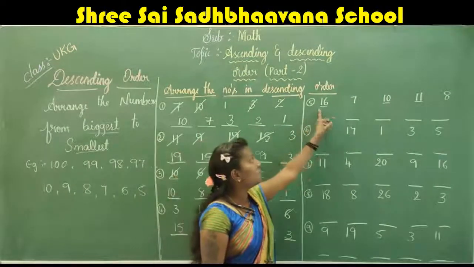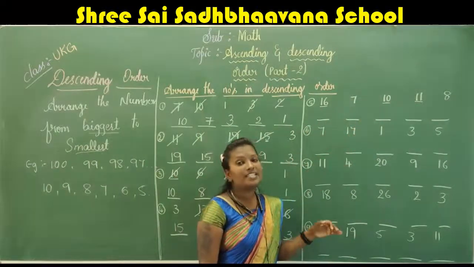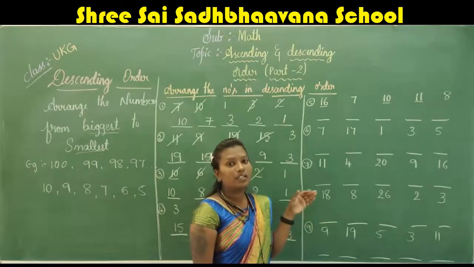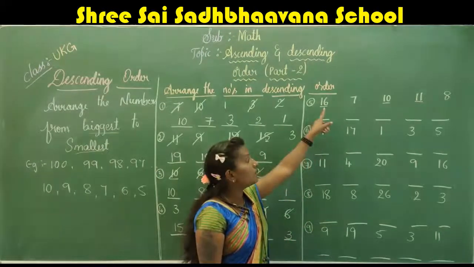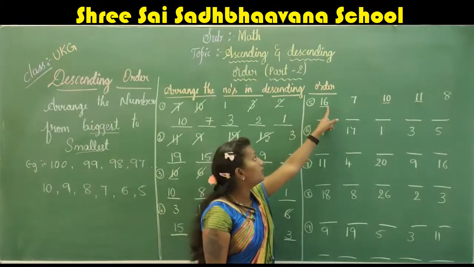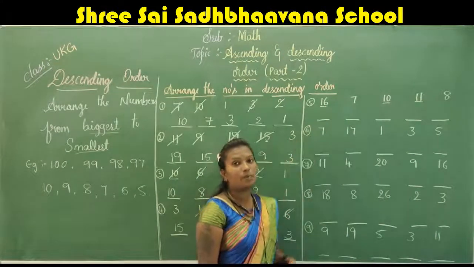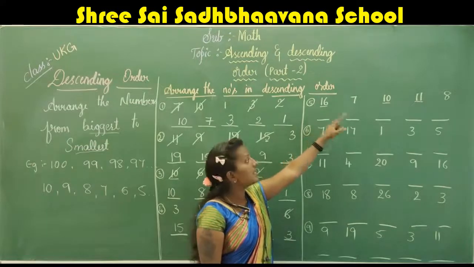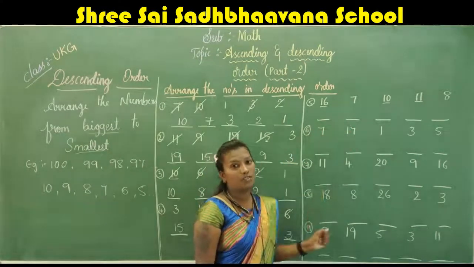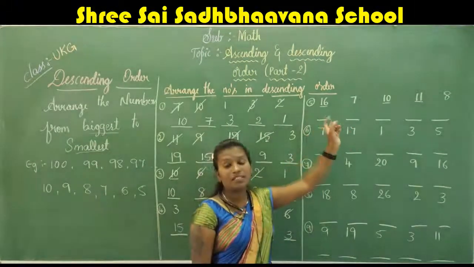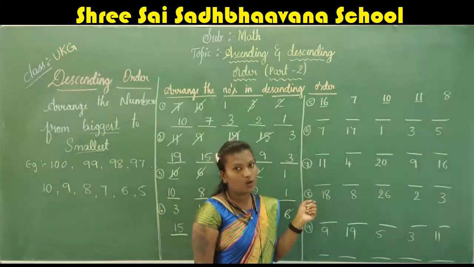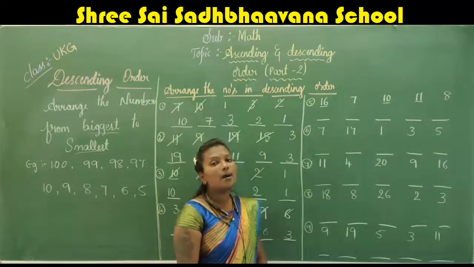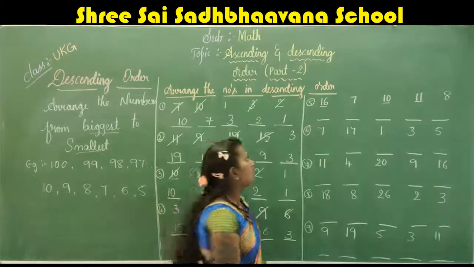So in tens place 1, 1, 1. 1 is equal 1. So now what we have to think? We have to think about in ones place numbers. Correct? Yes, in ones place here number 6 is there, 0, there 1. So 6 is bigger than number 0 and 1. So 16 is the biggest number.